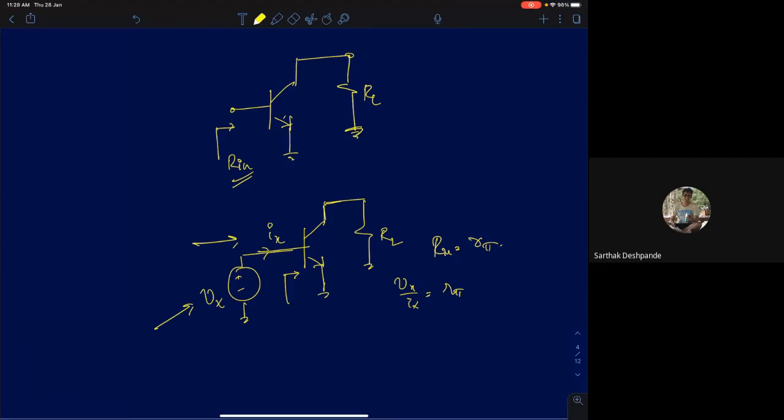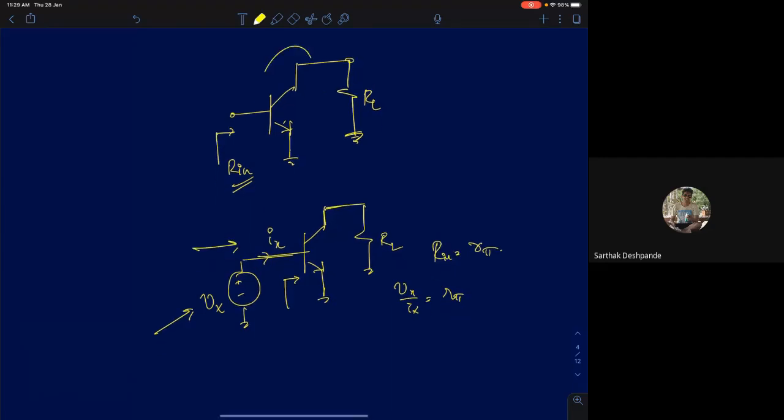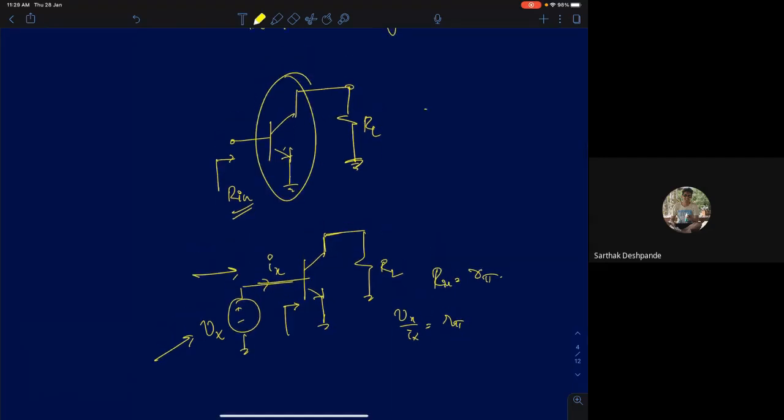See, whenever you are doing small signal analysis, replace this transistor by its small signal model. The small signal model will be, so this is R pi, gm V pi, R0, and then RL will be in parallel.